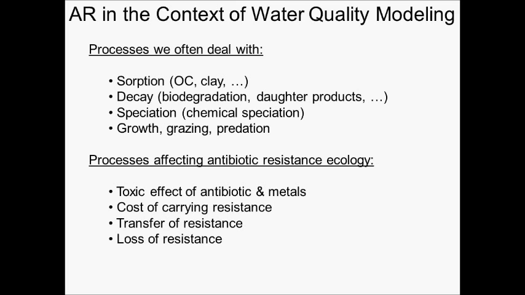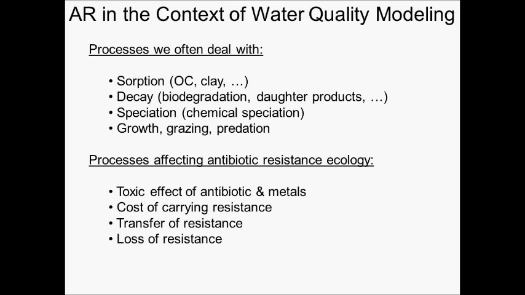When we're dealing with antibiotic resistance, we're faced with more or different mechanisms, and that's a bit challenging. So we have to consider things like the effect of the antibiotic and metals on the bacteria, the cost of carrying the resistance, the metabolic cost associated with carrying the resistance plasmid, for example, the transfer of resistance as well as the loss of resistance. All those are a bit uncharted territories to us.